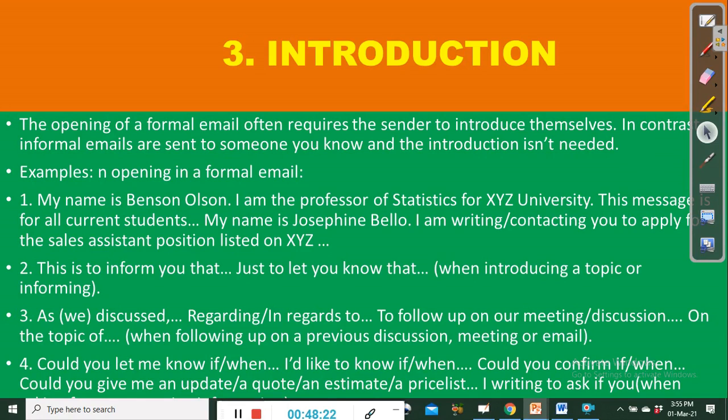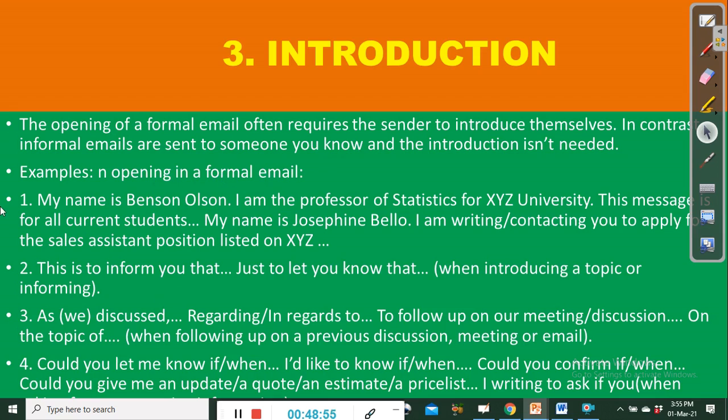You need to introduce yourself if you are actually writing an email to an organization or to someone that you are not familiar with. The person doesn't know you, so you need to introduce yourself. If you are writing to someone you know or are familiar with, on the other hand, you don't need to introduce yourself because the person already knows you.